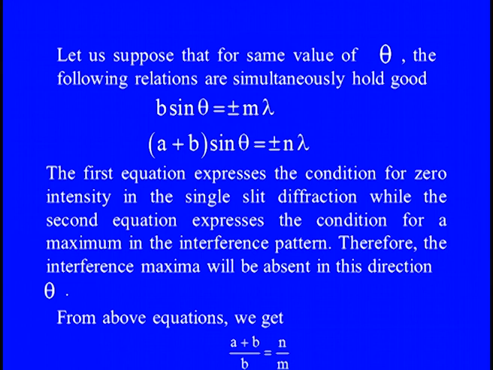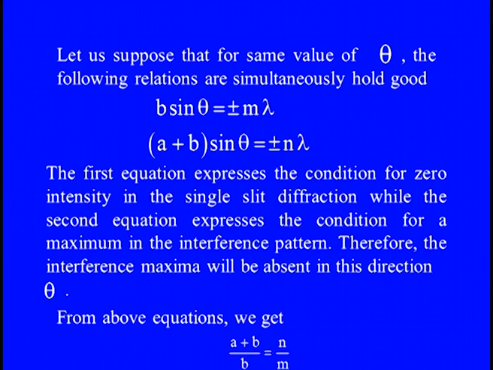The first equation expresses the condition for 0 intensity in the single slit diffraction, while the second equation expresses the condition for a maximum in the interference pattern. Therefore, the interference maxima will be absent in this direction theta.